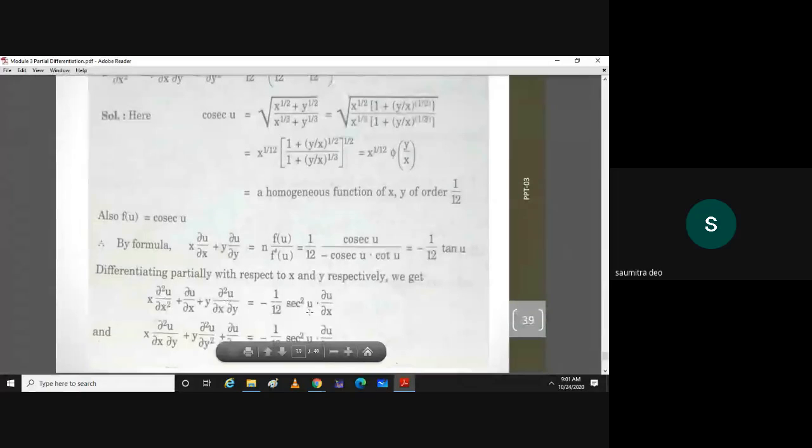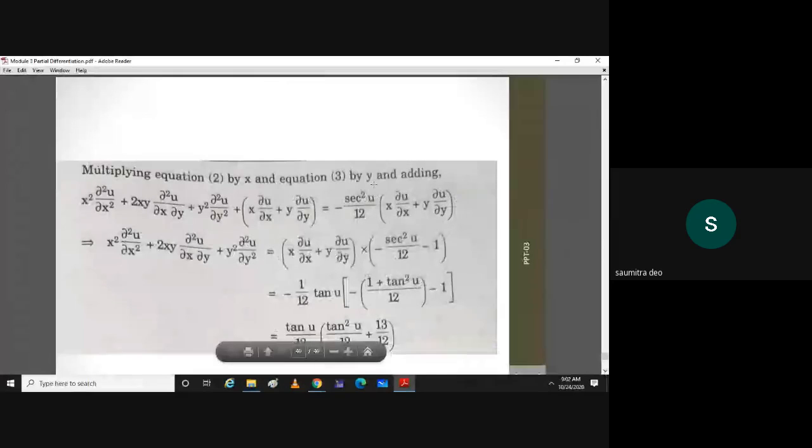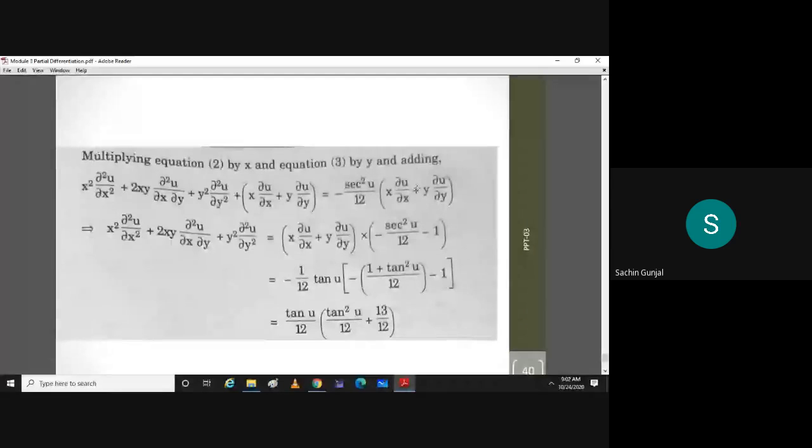Once we have the expression x del u by del x plus y del u by del y equal to nu, then you differentiate with respect to x, with respect to y, multiply by x, multiply by y, and add them. So this is the method. Just note down this example.